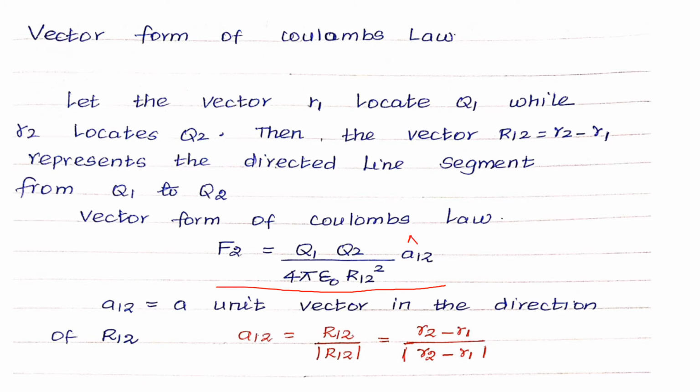A12 is the unit vector in the direction of R12. So A12 is R12 divided by modulus of R12. So what is A12? R2 minus R1 divided by modulus of R2 minus R1.